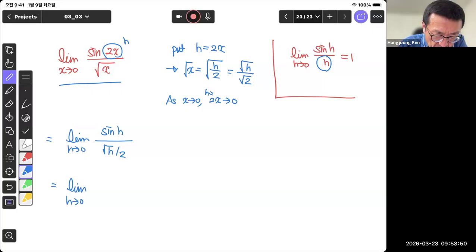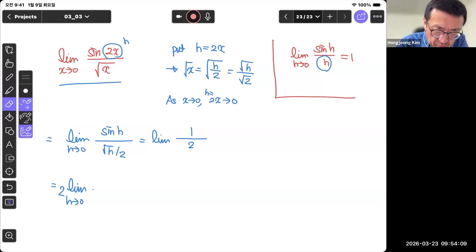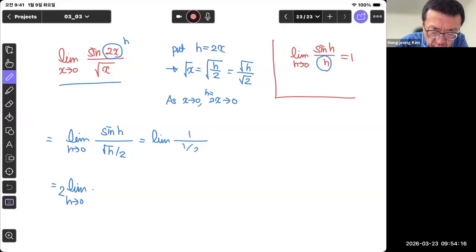So I have the square root of 2 times sine h over square root of h as h goes to 0.